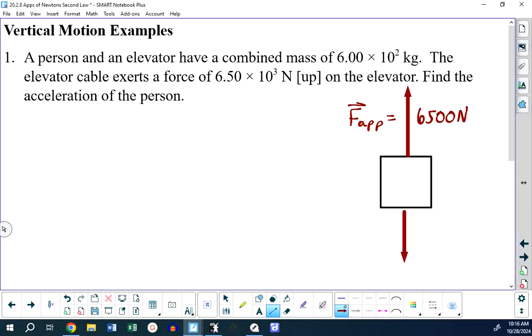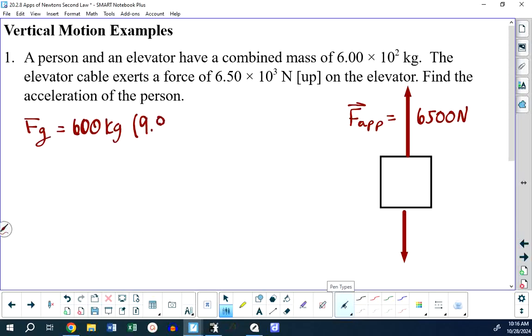Let's calculate the force of gravity, just off on the side someplace. Force of gravity has a magnitude of the mass, which is 600 kilograms, multiplied by the gravitational field strength. And again, I would be really happy if nobody ever in the universe referred to this thing as acceleration due to gravity in this context. It's gravitational field strength, because it's not an acceleration.